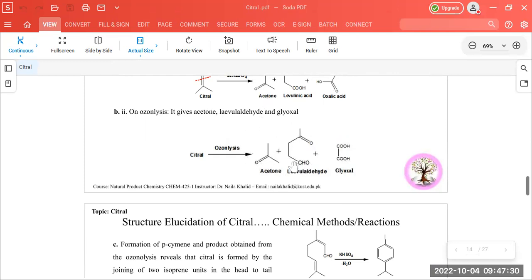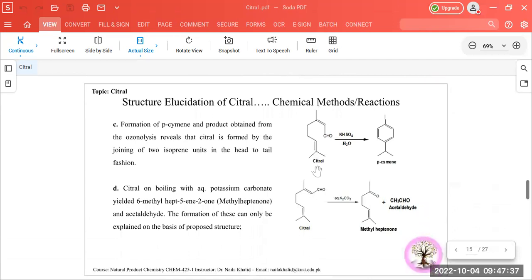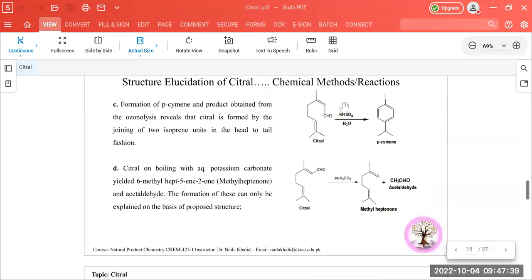One is isolated and one may be in conjugation with the aldehyde. For further confirmation, we carry out another test: when citral is treated with potassium bisulfate, we get p-cymene. This is p-cymene, a product obtained by the reaction of citral with potassium bisulfate.